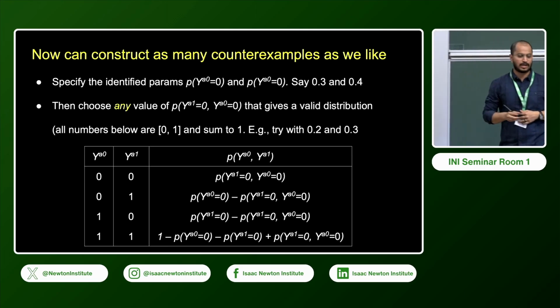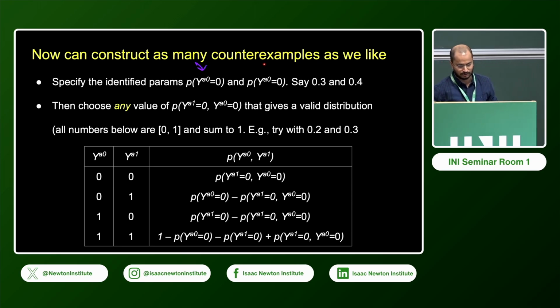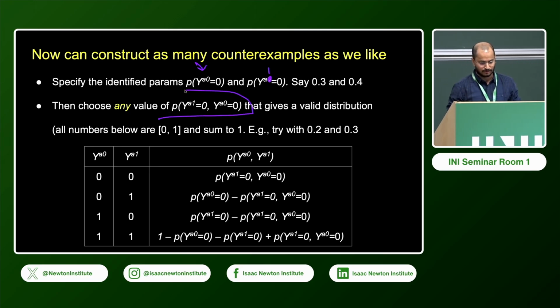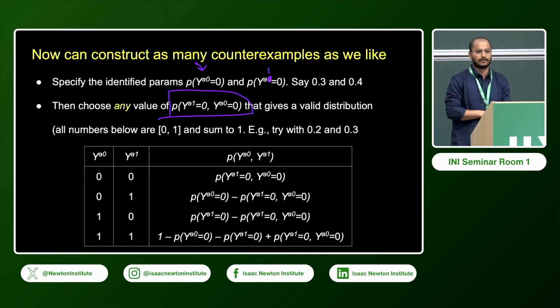So I can specify any 2 values for YA0 equal to 0, and I'm sorry, this should be YA1 equal to 0. So let's say I pick 0.3 and 0.4, just any arbitrary values. And then any value of this that gives a valid joint probability distribution constitutes a counterexample for why your full data law is not identified.